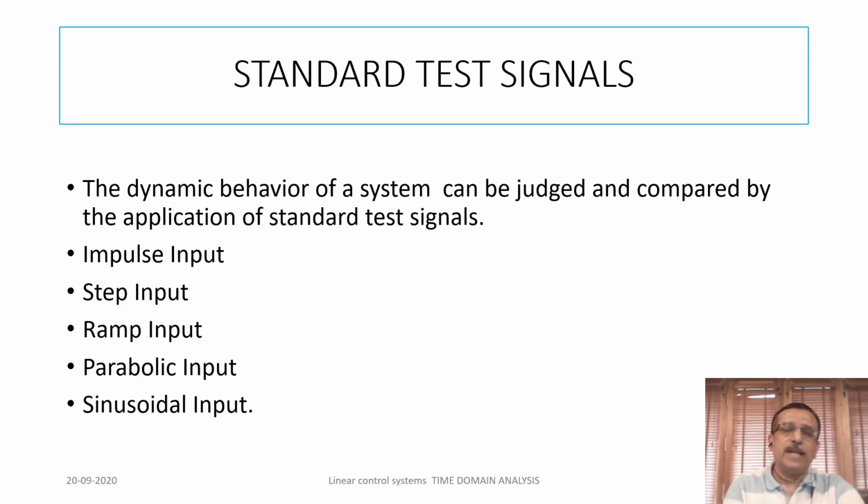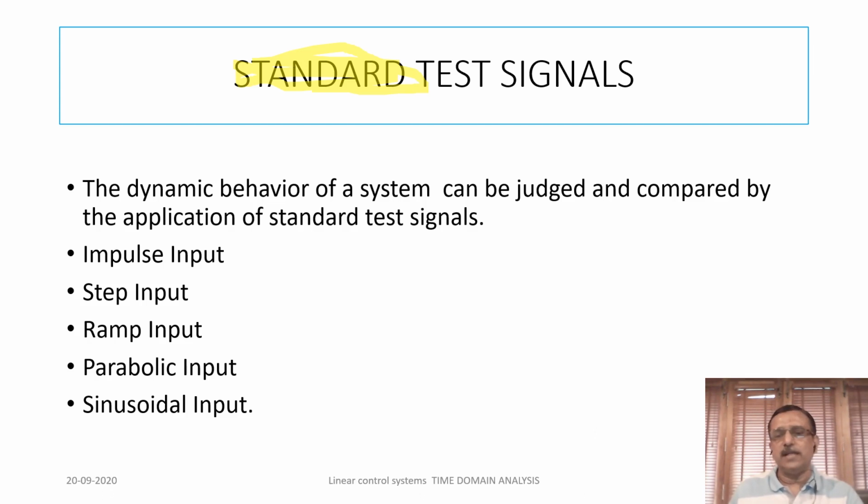From an examination point of view, you should analyze the behavior of the system for standard test signals. So what are the standard test signals? Impulse input, step input, ramp input, parabolic input and sinusoidal input.